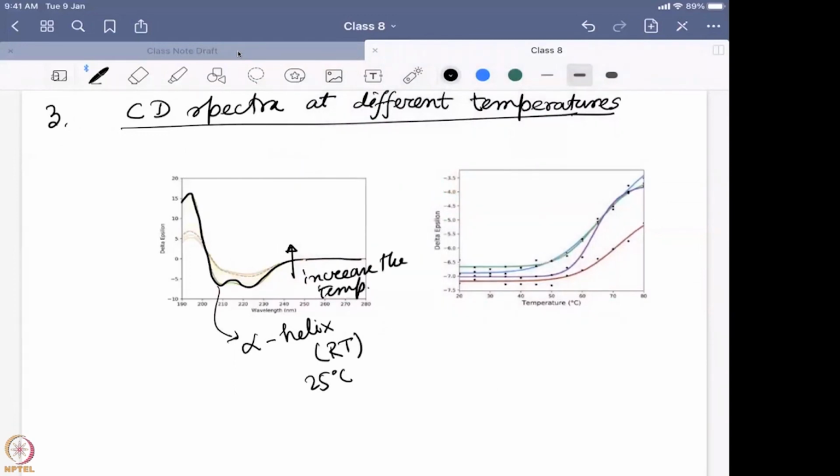And what we are seeing over here is that the data is slowly losing its alpha helical structure and going mostly to a mixture of alpha helix and beta sheet. So it is not clear-cut alpha helical humps anymore.